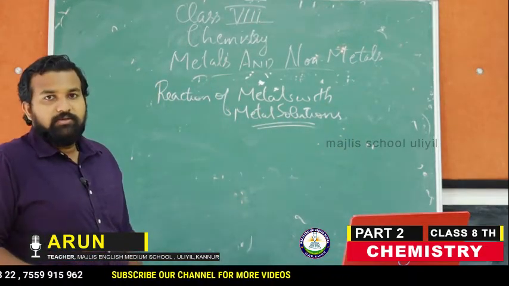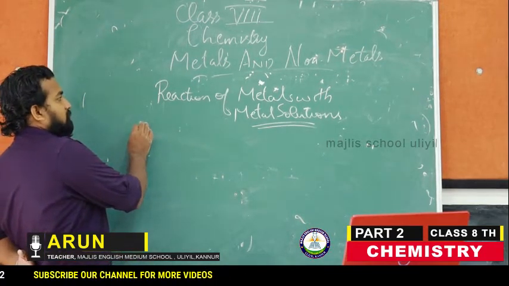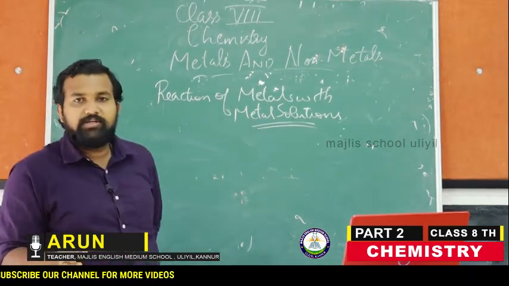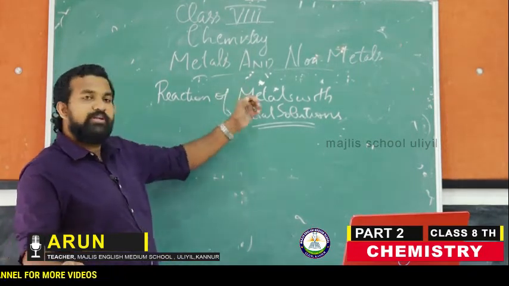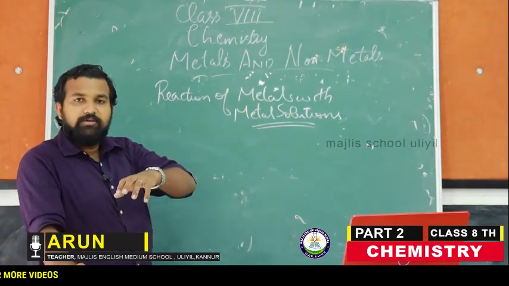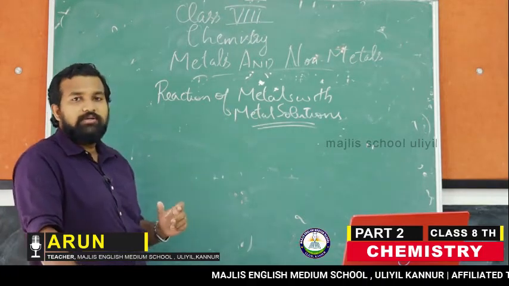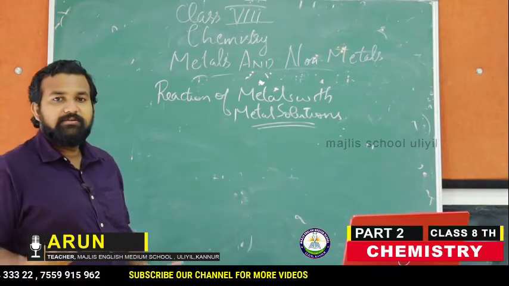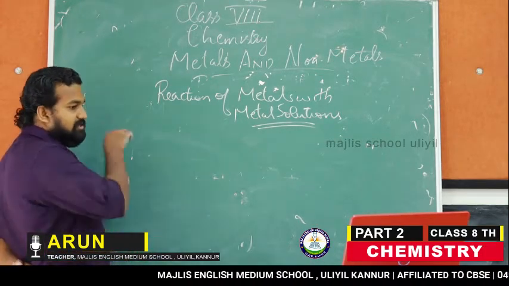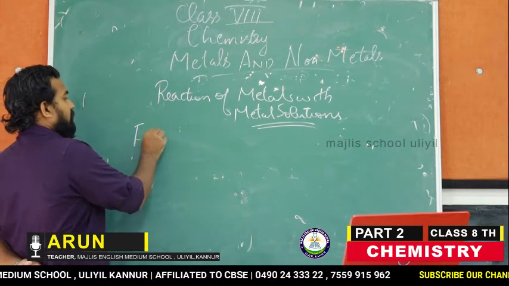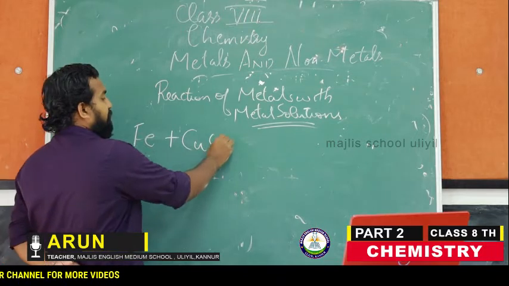Okay, so what will happen is, in the metal solution there will be a metal present, and whichever metal we are putting into the metal solution, whoever is stronger will replace the other metal. For example, let us just consider this case. Fe, ferrous iron, plus copper sulfate.